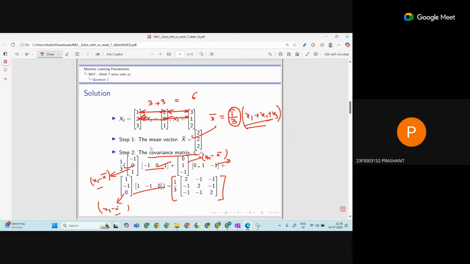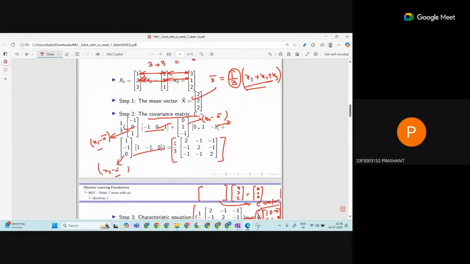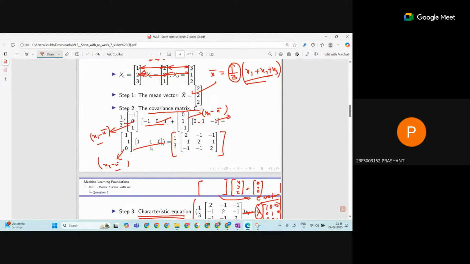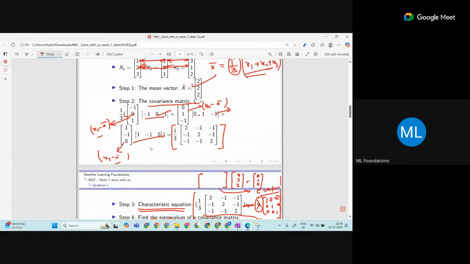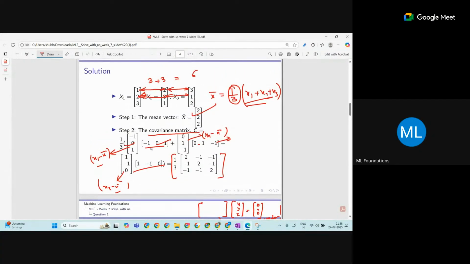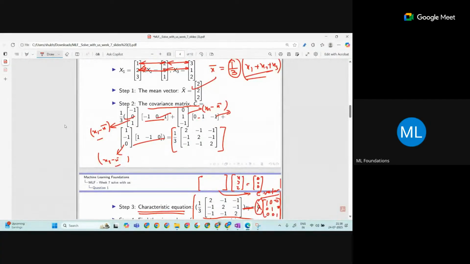After finding the mean, we subtract it from the vectors. From the original x1, subtract the mean. From x2, subtract the mean.